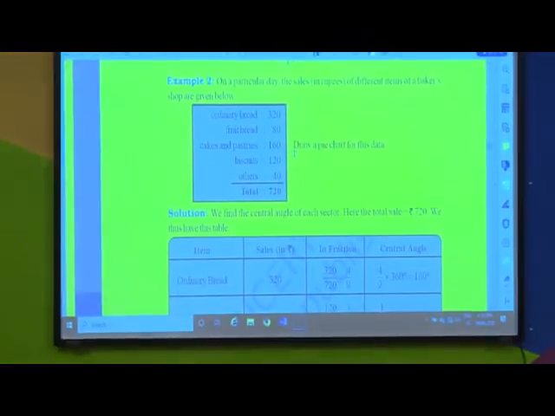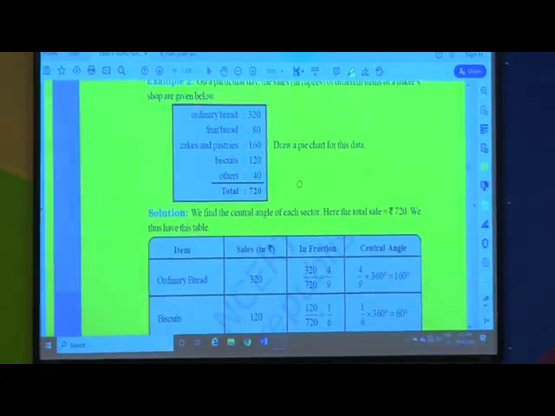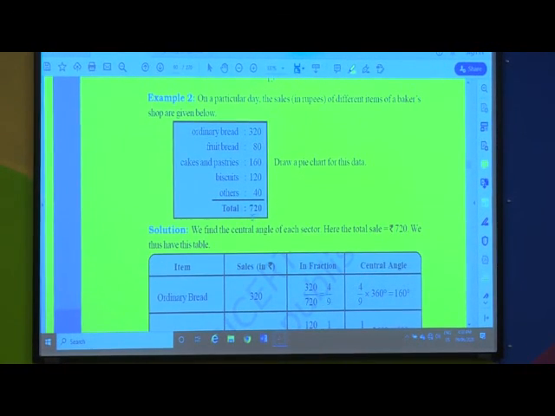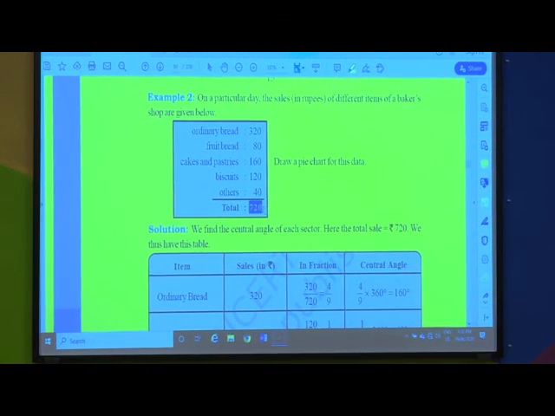It is the sales of one day and the amount is in rupees. Ordinary bread 320 rupees, fruit bread 80 rupees, cakes and pastries 160 rupees, biscuits 120 rupees, other products 40 rupees. So the total sale of a particular day is 720 rupees.